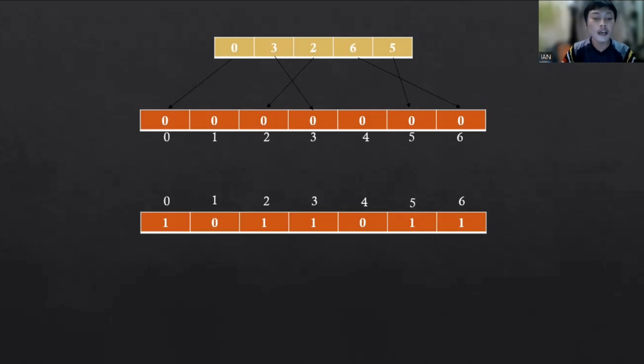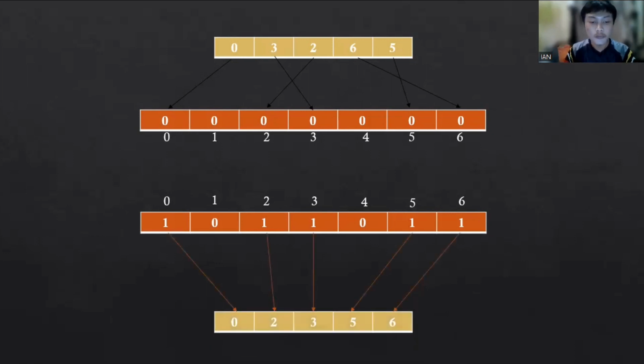Then, the data from the new array will be moved back to the old array in sequence. Now, the previously unsorted array becomes sorted with counting sort. That's the working principle of counting sort. Thank you, everyone.